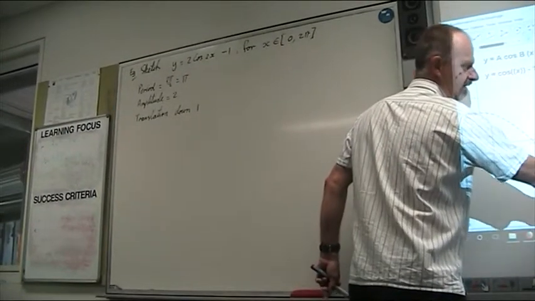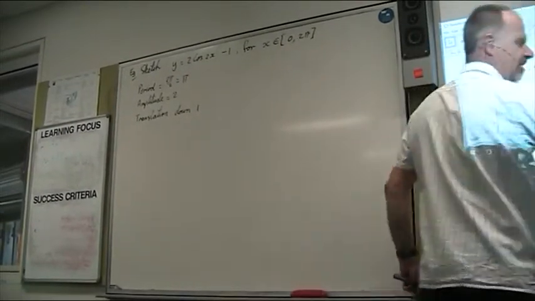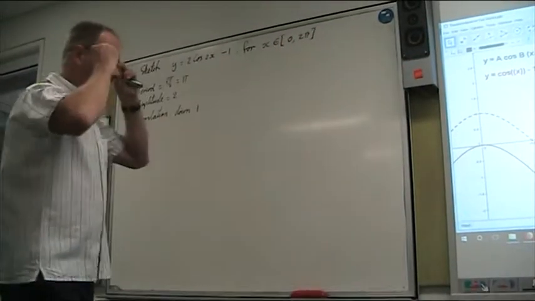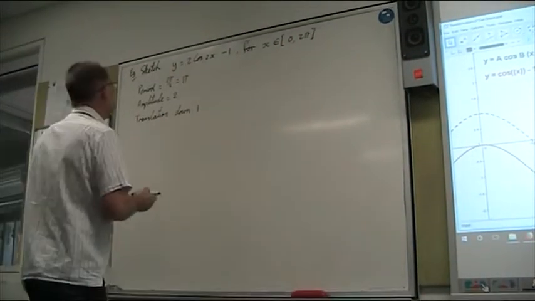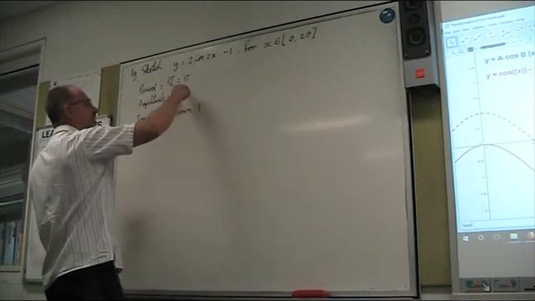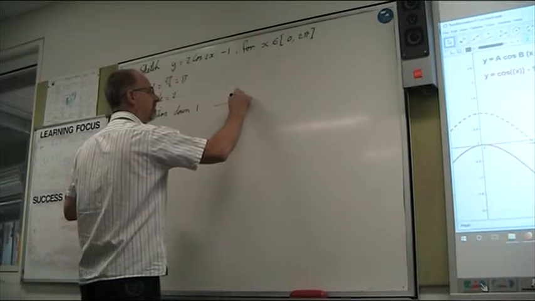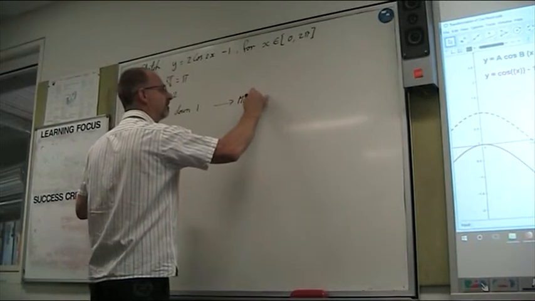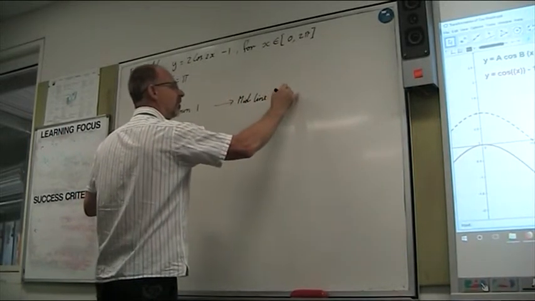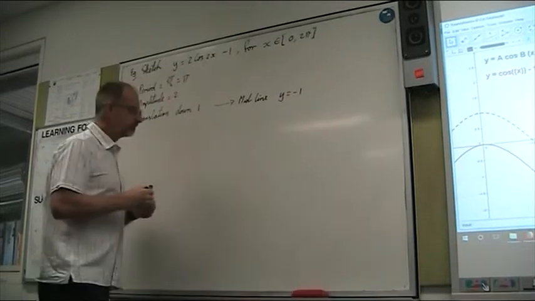So when we're looking at that symmetry, that's what we're going to look at. So our midline is now y equals minus 1.